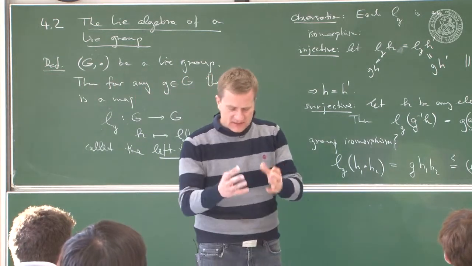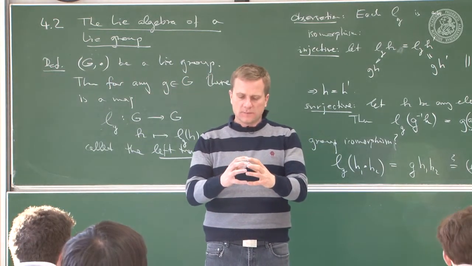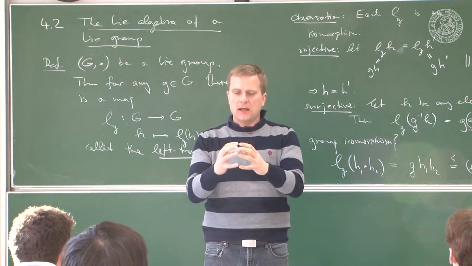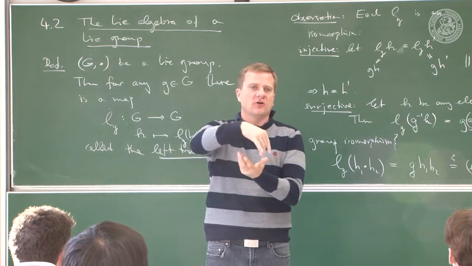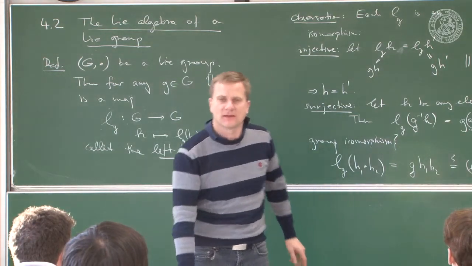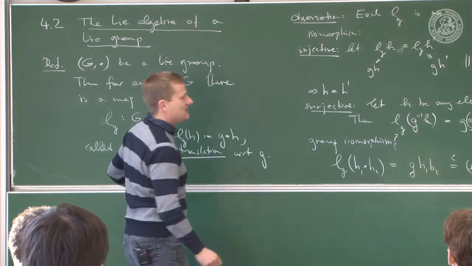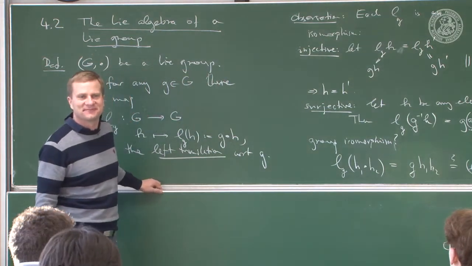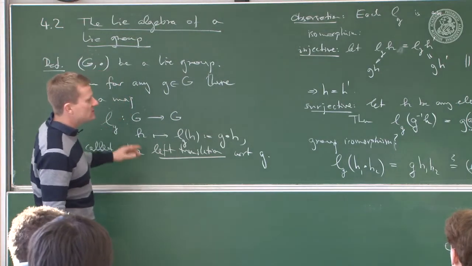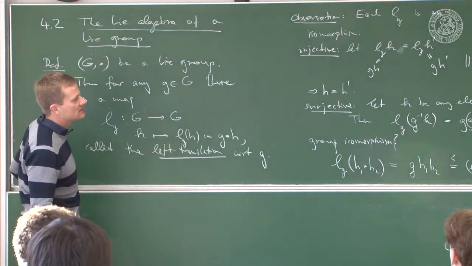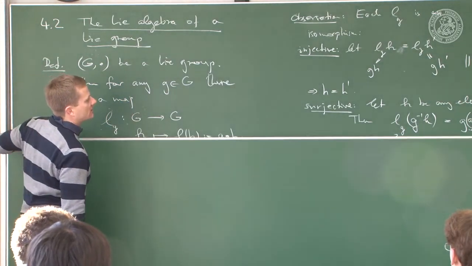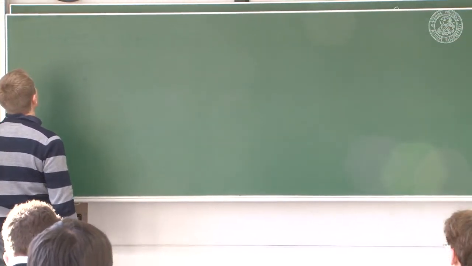What we're now going to consider next is we take our group, say the rotation group, which is a manifold in particular, and we'll consider vector fields on that manifold. You say, why on earth would you do that? Well, it will turn out that's the key to considering Lie algebras. Okay, so we have these left translations L_g, they're diffeos, and because they're diffeos, we can extend the action to vector fields on the group.